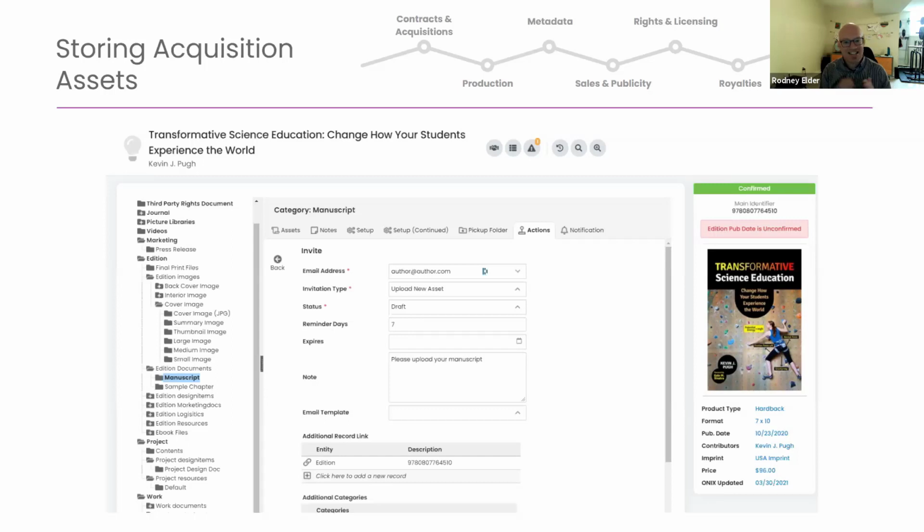So if someone needs something, they go to one particular place. For this example, transformative science education, you'll see there's access to all sorts of assets that could be associated with this particular project. You can build that up as the life of that title is built up, but it generally starts with a manuscript or a proposal or something like that.